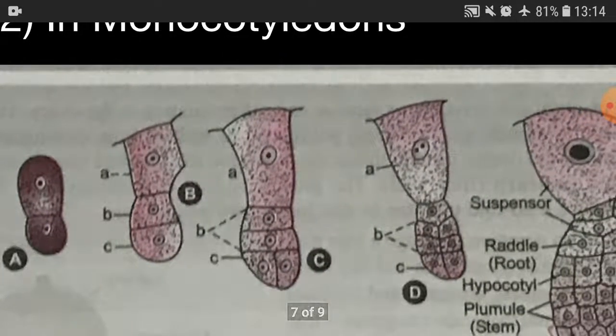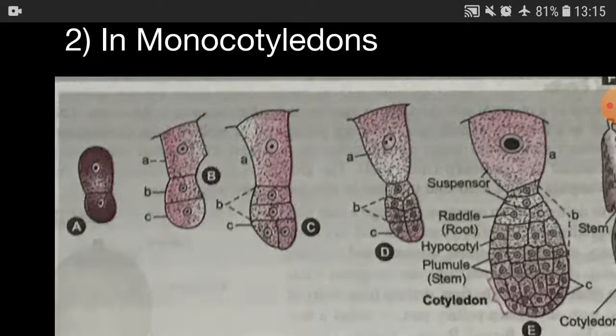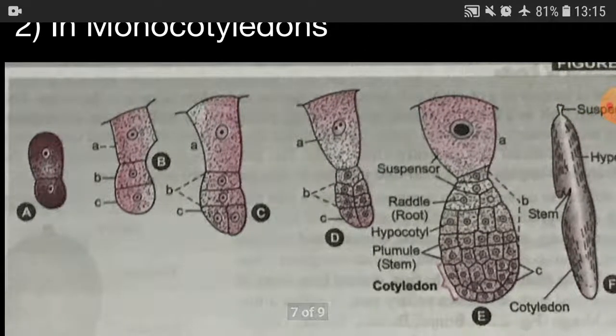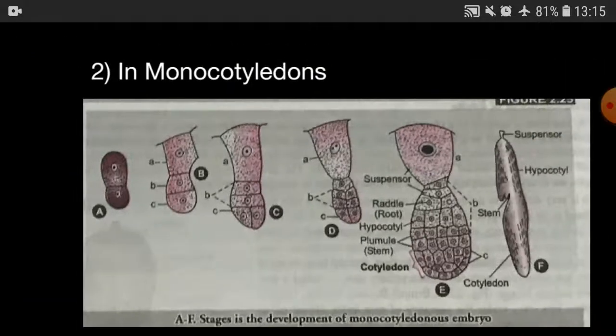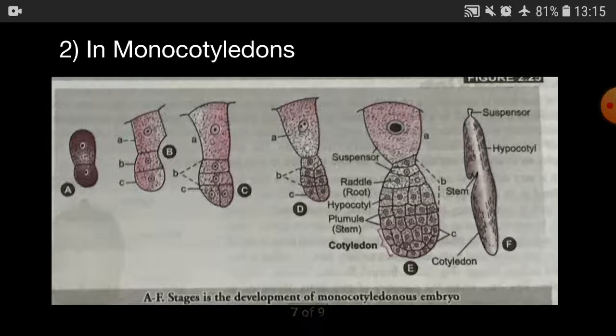Here these are the different stages of the development of a monocot embryo. You can see them displayed on your screen. As you are all aware, the embryos of monocots possess only one cotyledon, right?